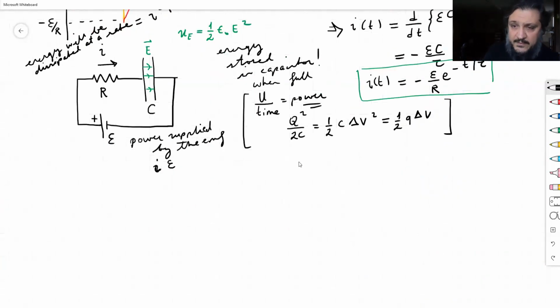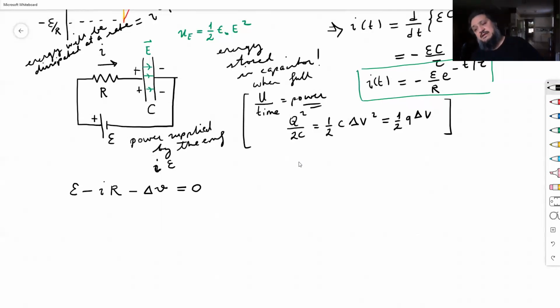We have E, a potential increase, and then a potential decrease by the amount IR. And then going from the positive side to the negative side of the capacitor, there is some decrease in the potential, delta V, and then we end up with zero. The potential rise and fall add up to zero.